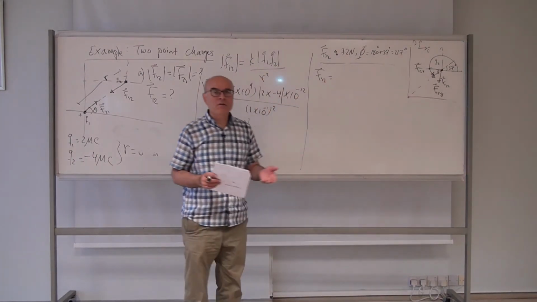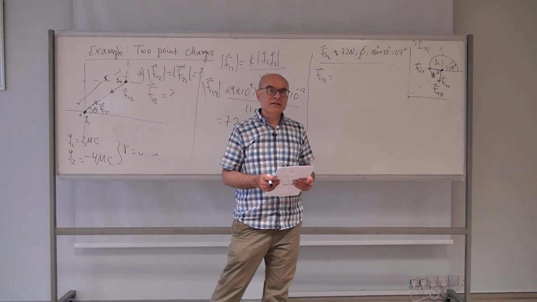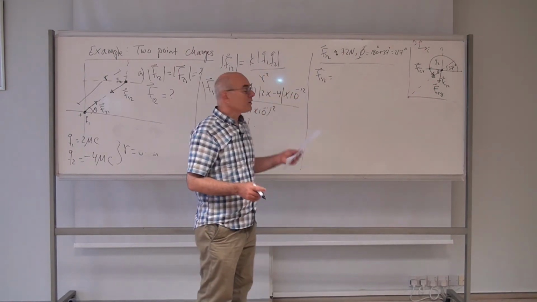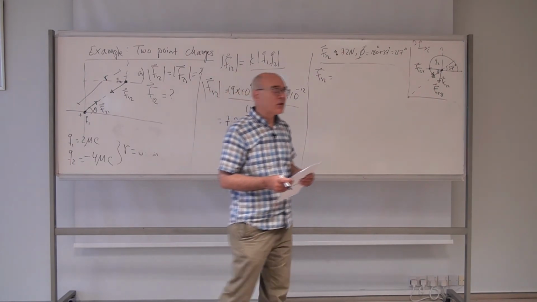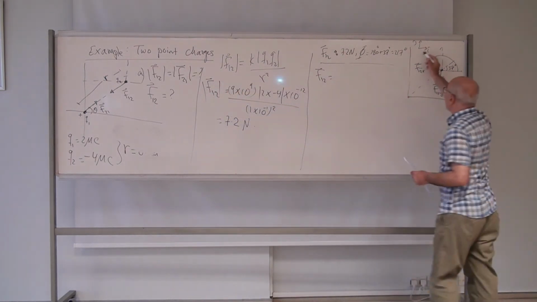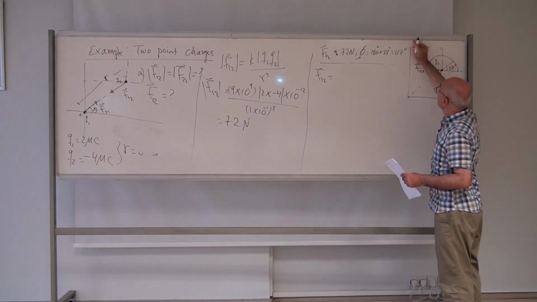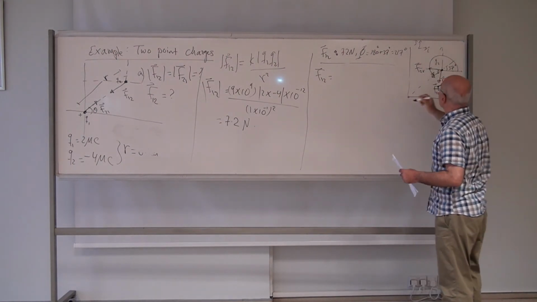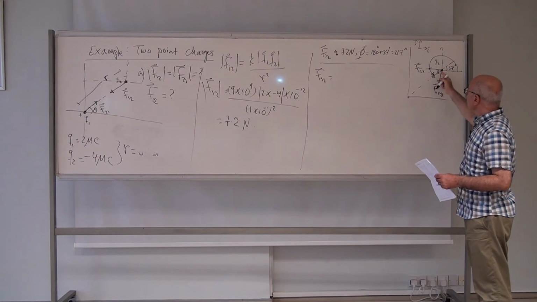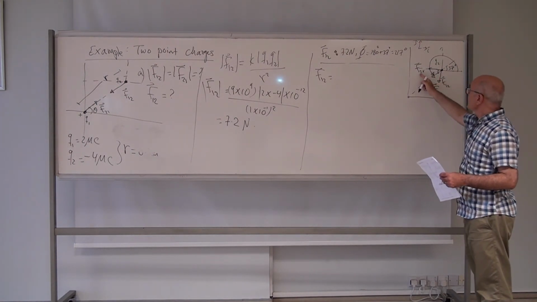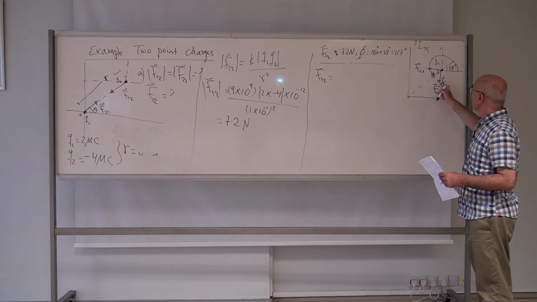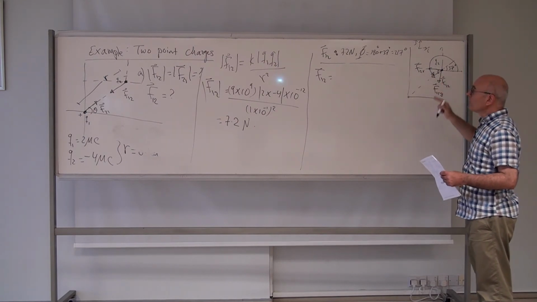Now, the other way of finding the force is to write it in terms of the unit vectors i hat and j hat. As you can see here, i hat and j hat are defined as usual. Now, I express this vector F12 in terms of the two components, F12x and F12y. These are two component vectors.